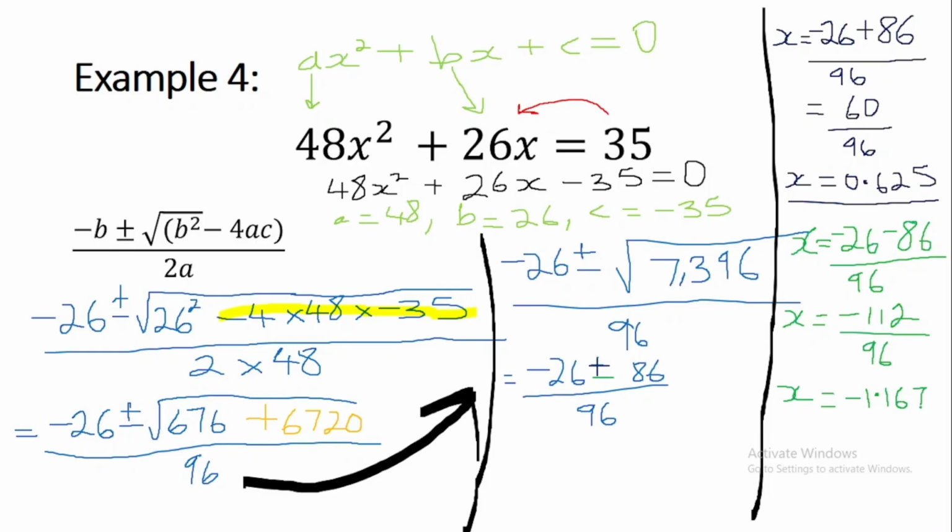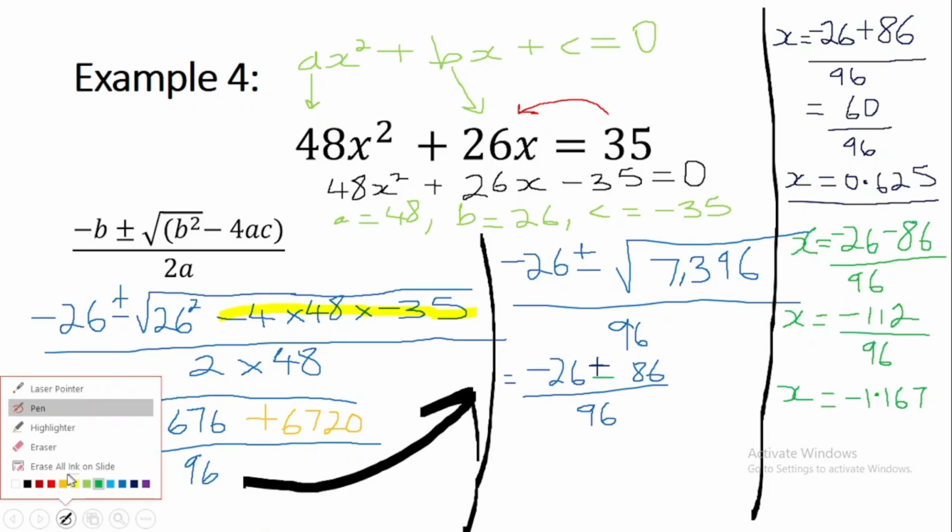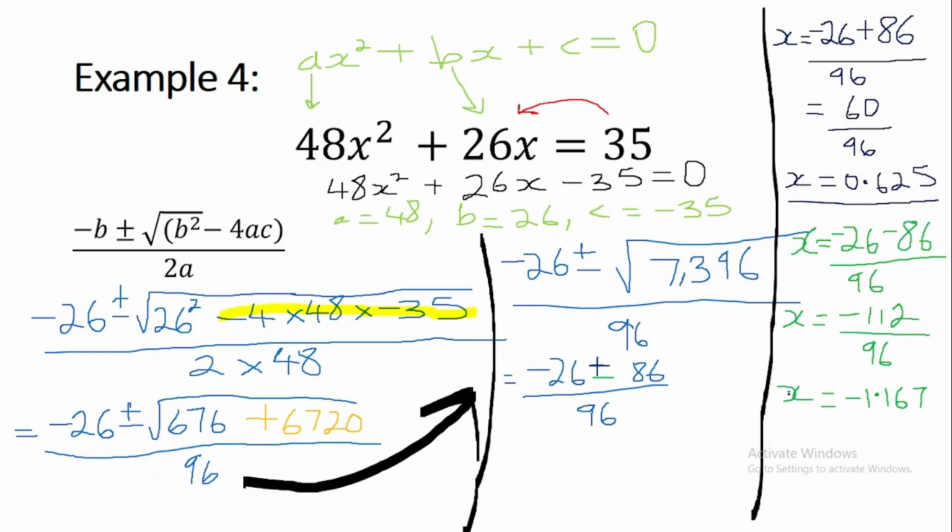I just round this to the third decimal place. So x is either going to be 0.625 or negative 1.167. So either one would work. Alright, so here we have our two values for x. Alright, moving on.